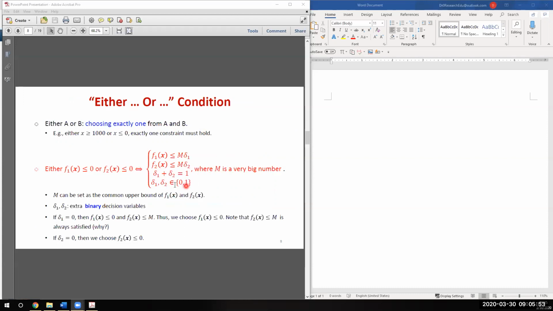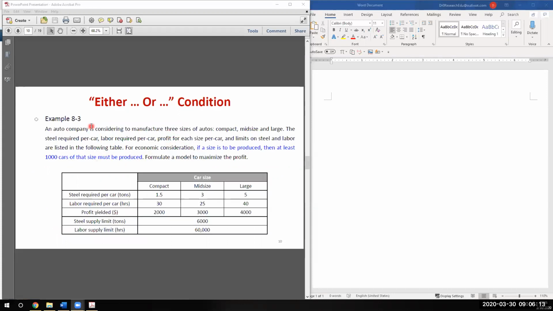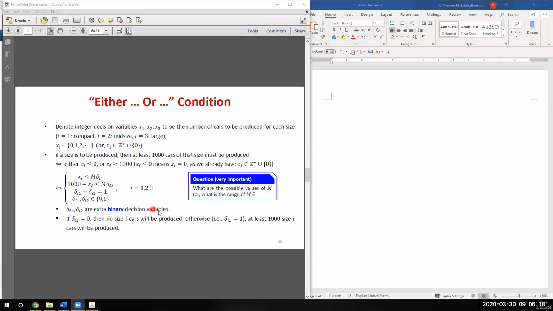And be careful that when delta equals 0, that means you choose the corresponding one. For example, suppose delta 1 equals 0, that means you choose to satisfy f1x less than or equal to 0, okay? So here we showed another example about an auto company manufacturing decision. Here I have applied the logic because we know that x1 means the number of cars to be produced.